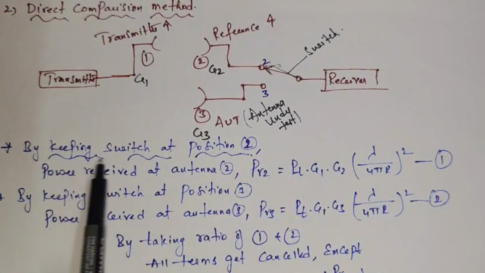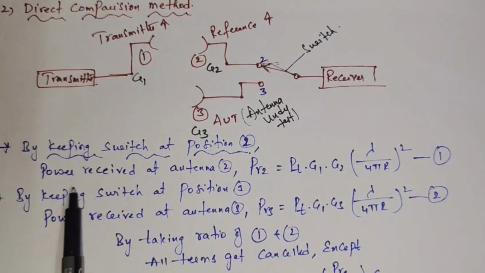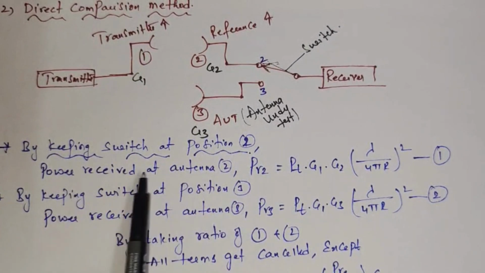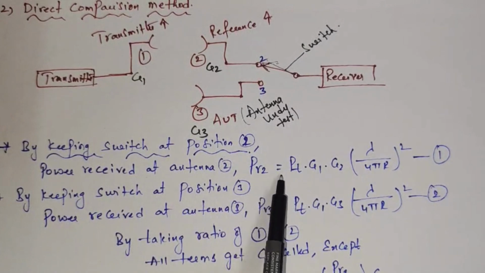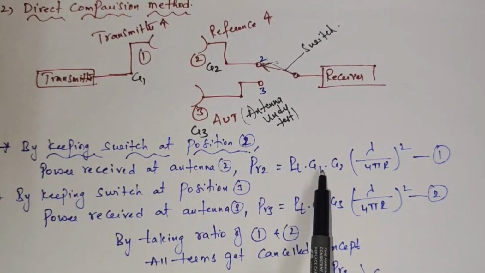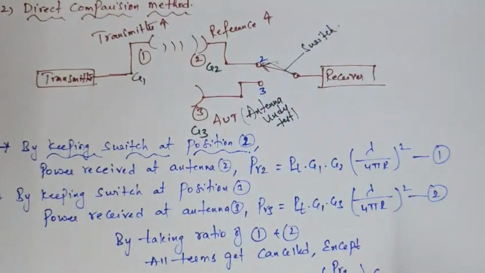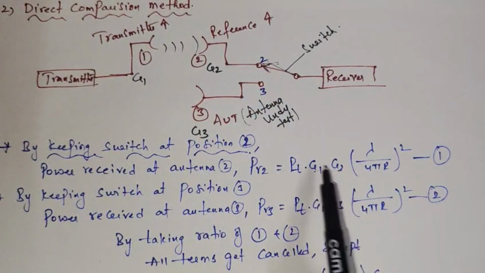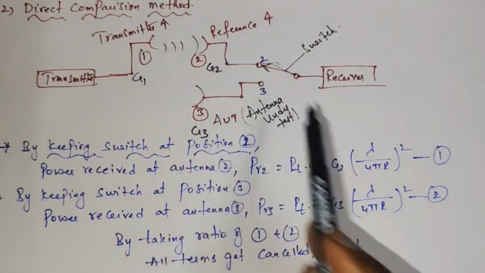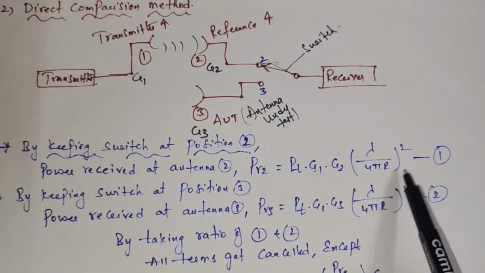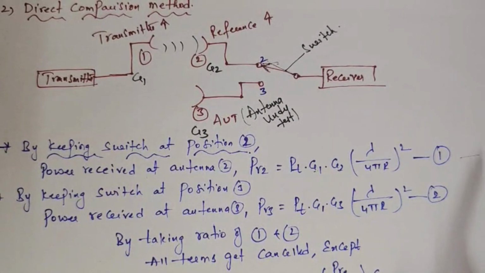By keeping the switch at position 2, the power received at antenna 2, PR2, is equal to PT into G1 into G2, where G2 is the gain of the reference antenna, times lambda by 4 pi R whole squared. Let it be equation 1.